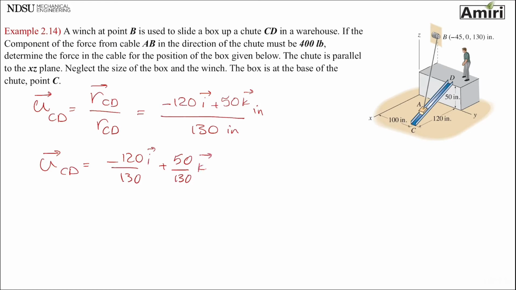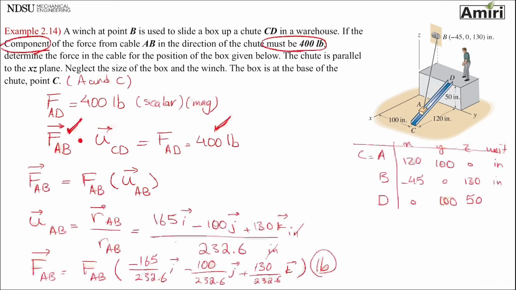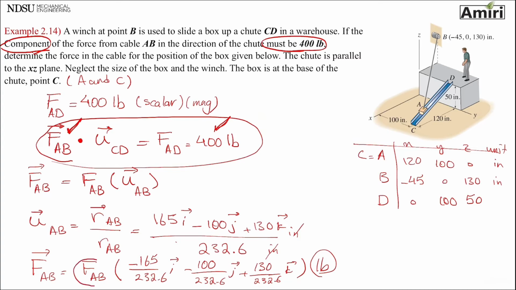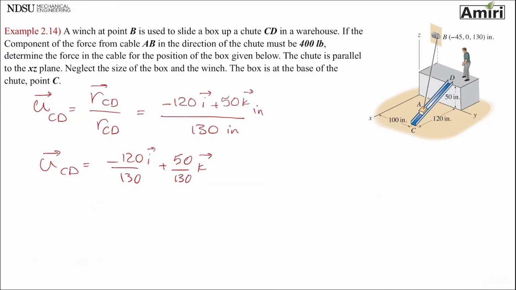Okay, so I think we're ready to go back to our original equation and put everything in place and find the only unknown, which is FAB.